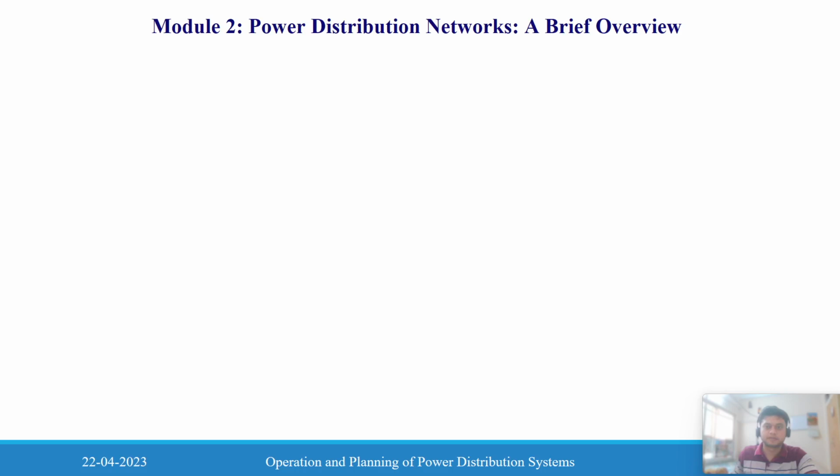And further we have the distribution network, which is usually of two types: primary distribution network and secondary distribution network. The primary distribution network is connected between the distribution substation and the utility transformer, and the secondary distribution network is connected between the transformer and the load center.